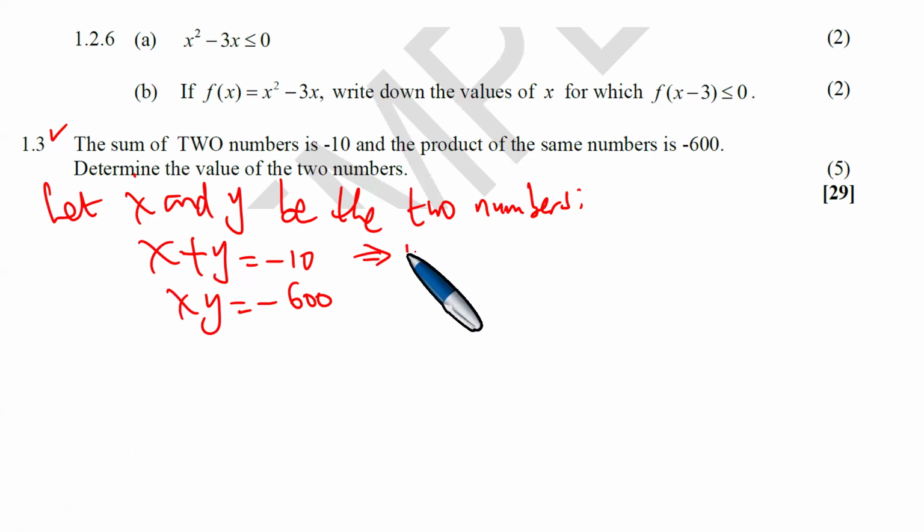Let us get y equals minus that. Call this the first equation. Call this the second equation.